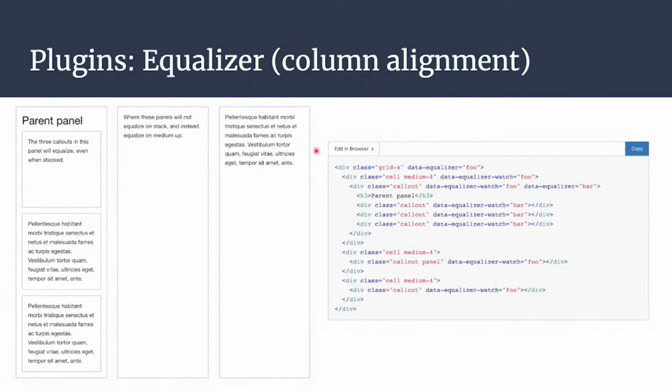This is actually also an example of where you would want to use a container, because to set up an equalizer group, you're going to need a container, and you're going to need to set its attribute to data-equalizer, and then give it a series of children. And every child within this container is going to have the same height. Also, the element that has the highest height in the container will determine the unified height of all of the children.